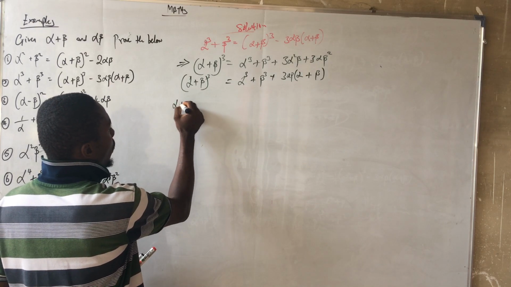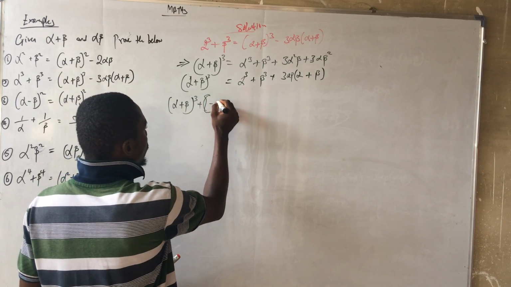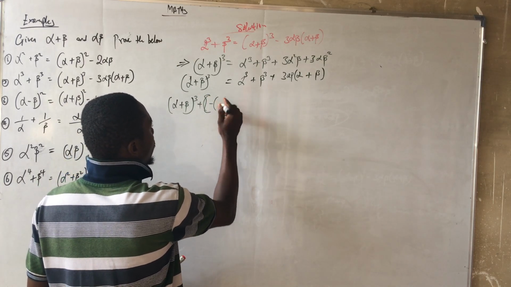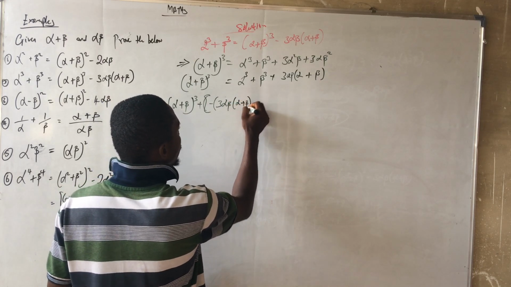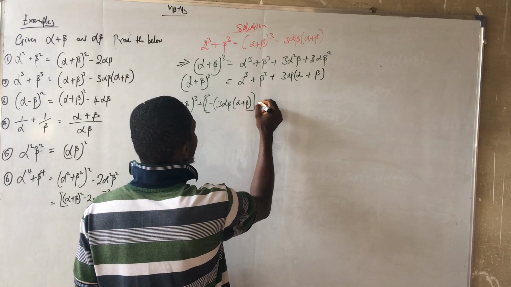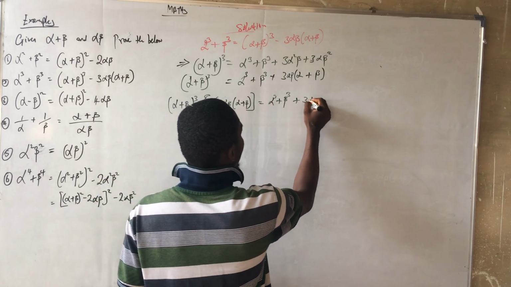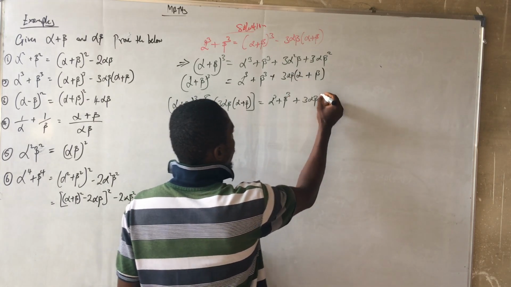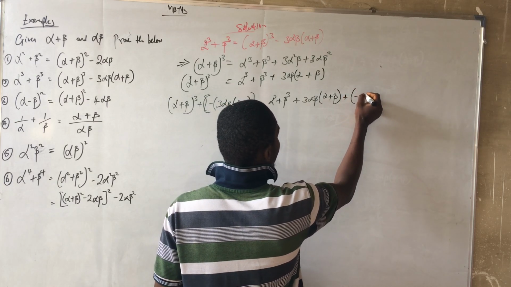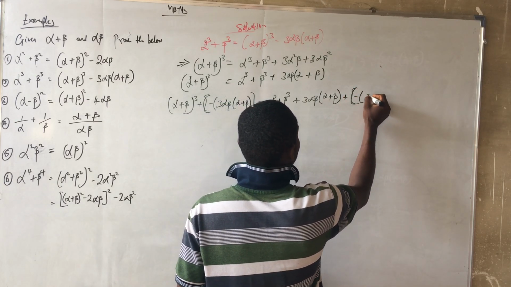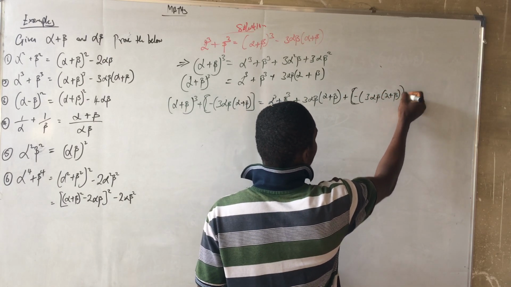So I'm going to say alpha plus beta all cubed plus negative 3 alpha beta times alpha plus beta is equal to alpha cube plus beta cube plus 3 alpha beta times alpha plus beta plus negative 3 alpha beta times alpha plus beta.